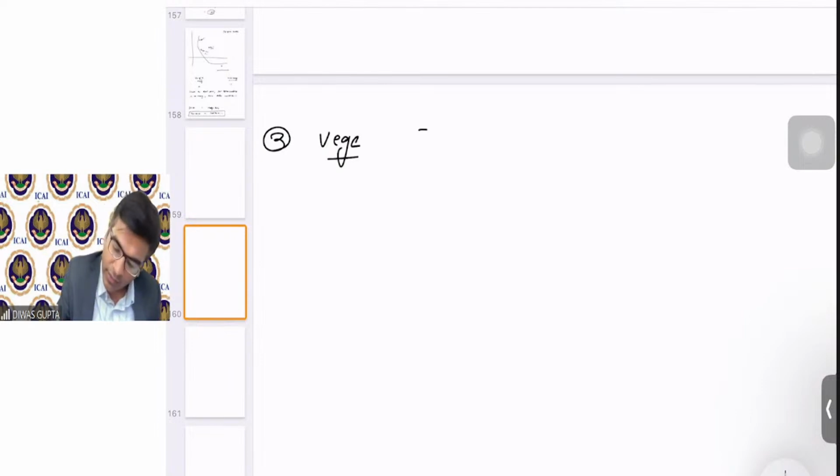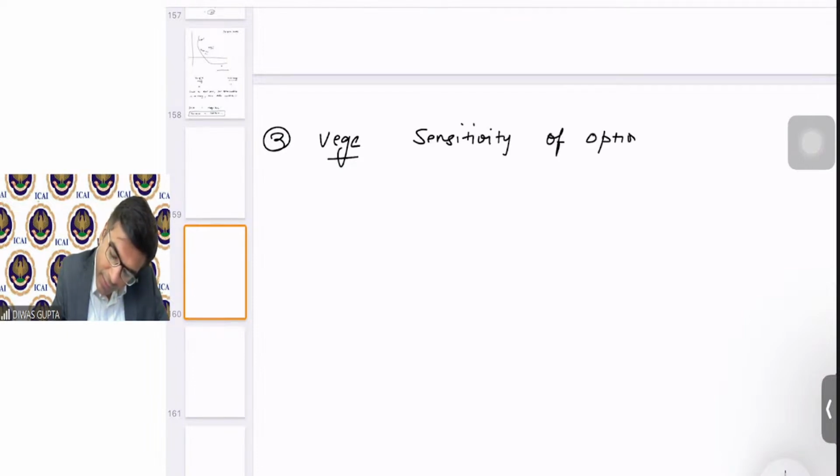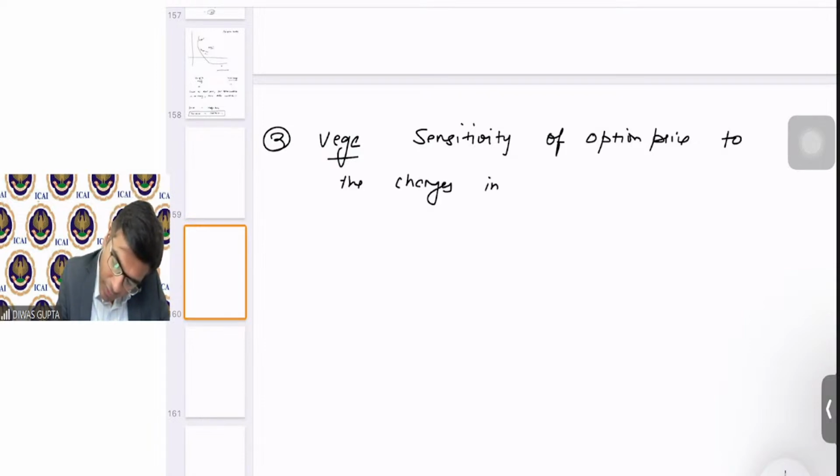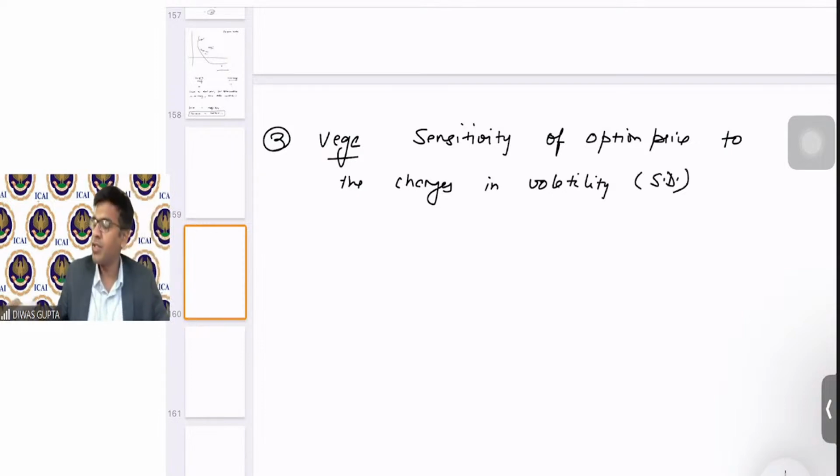Vega is actually the sensitivity of option price to the changes in volatility, which is the standard deviation, which is V actually.